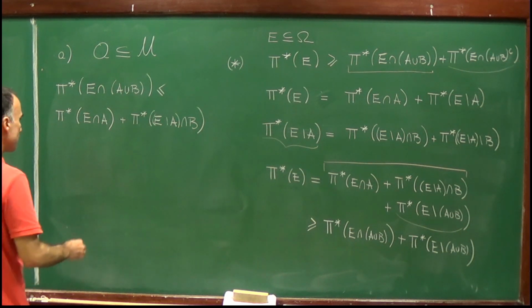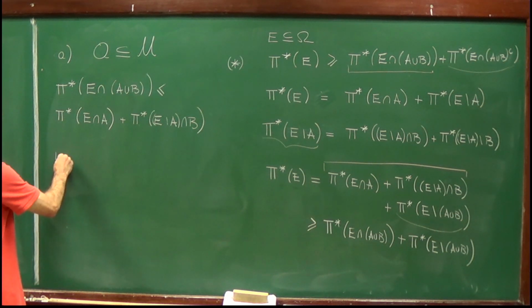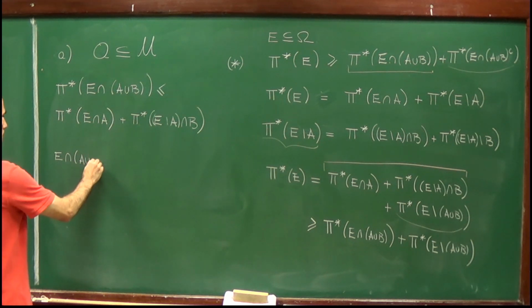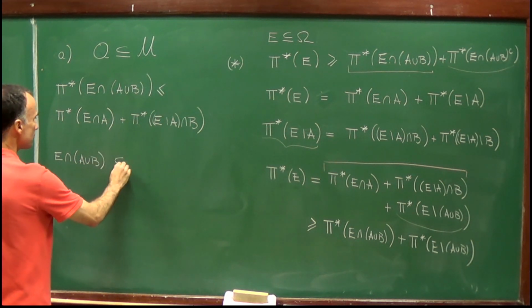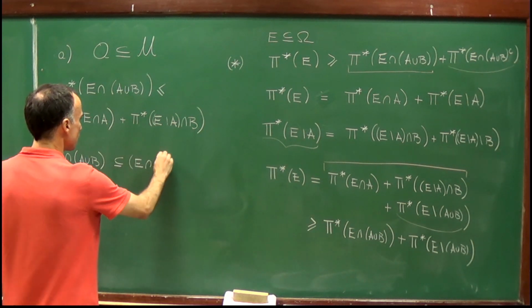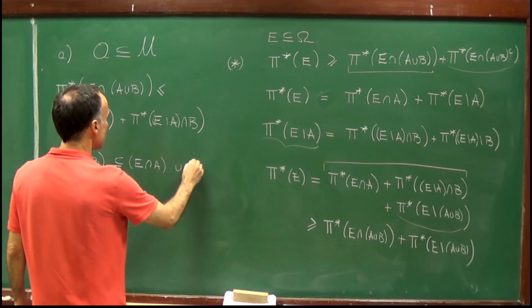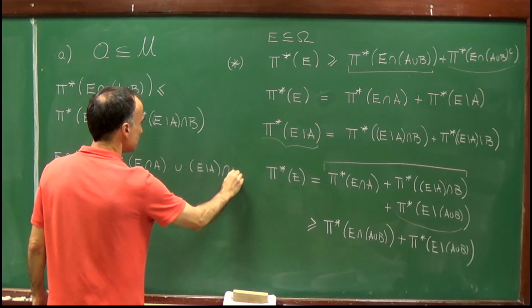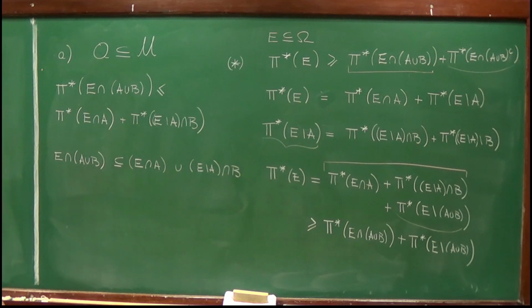So what I claim is that E intersection A union B is contained in E intersection A union E minus A intersection B. Right?